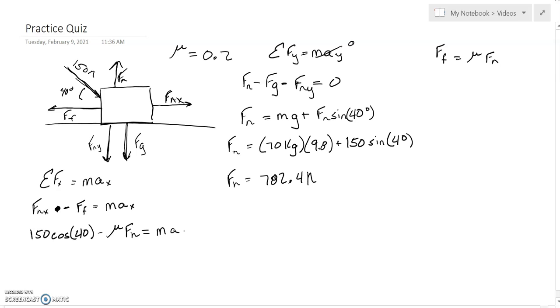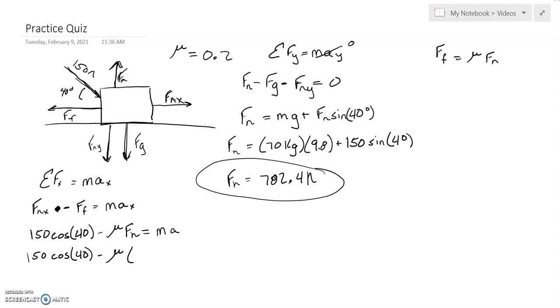So now if we plug in our force normal that we found into here, we're using this force normal because this is the force normal that is being applied by the ground, because the ground is also applying the force of friction.